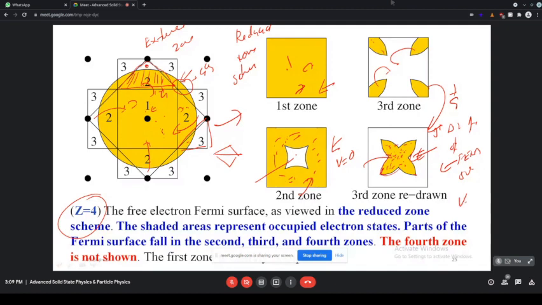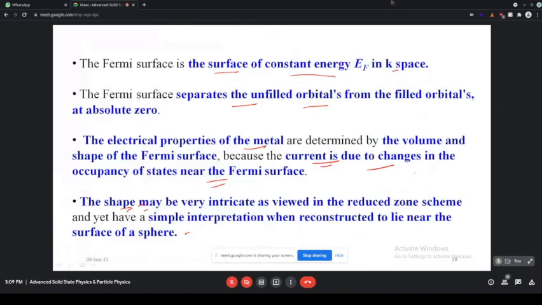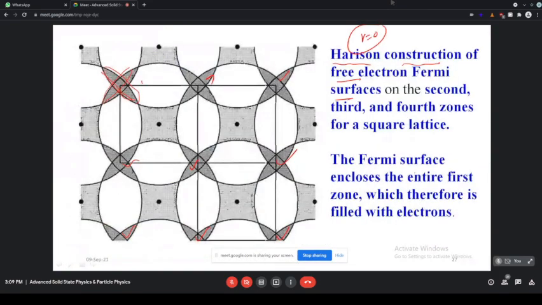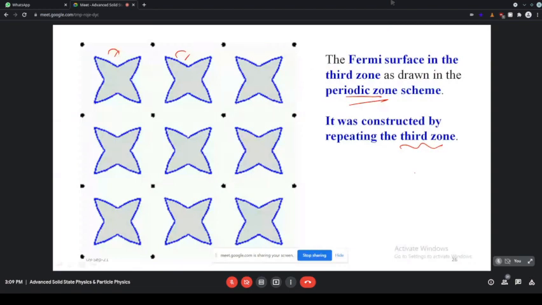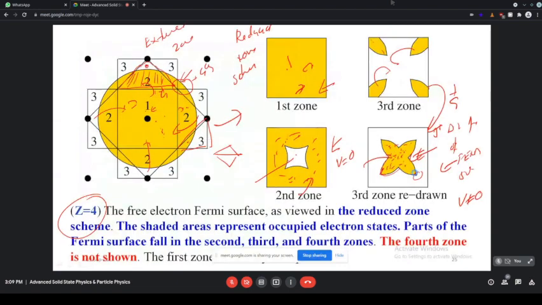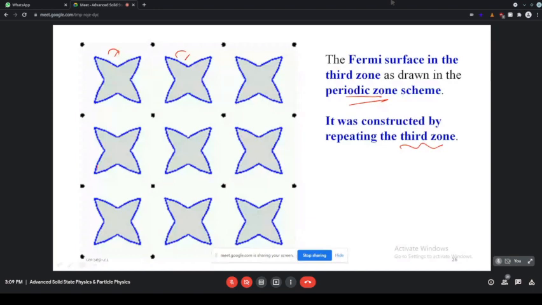Am I audible? Yes, sir. But if we consider V not equal to 0, then here there are sharp corners. If you consider that there is an interaction, then these sharp corners change like this. If you consider the interaction, then this becomes a round shape like this.